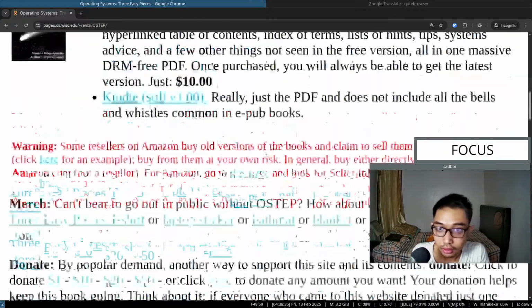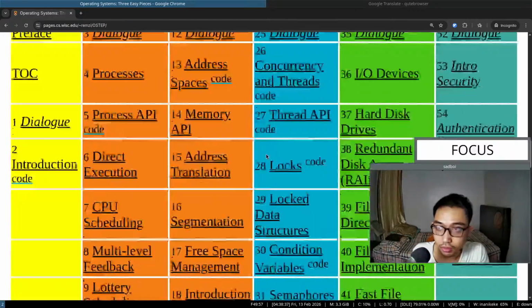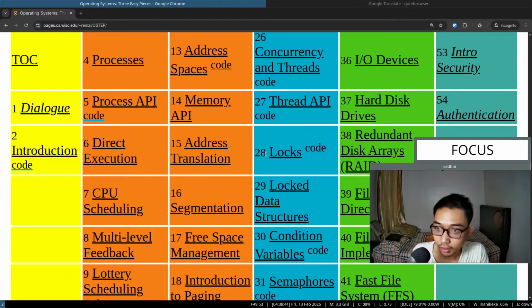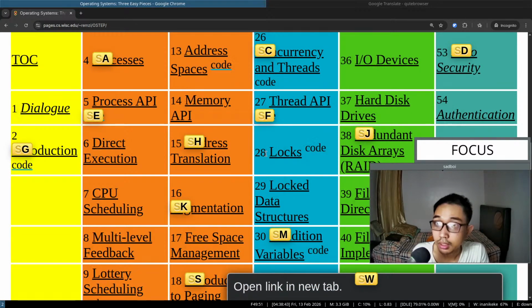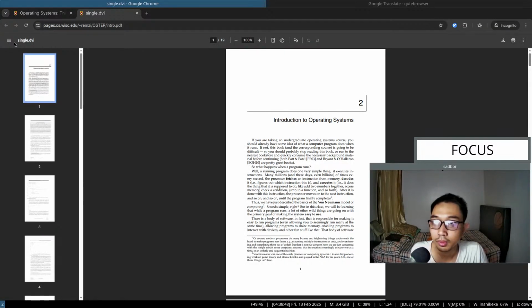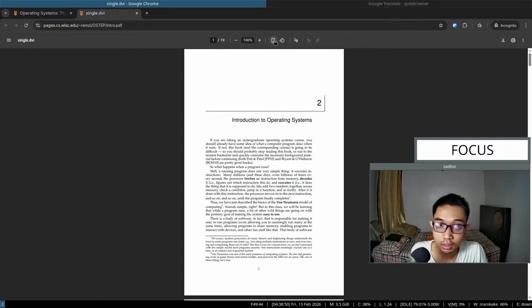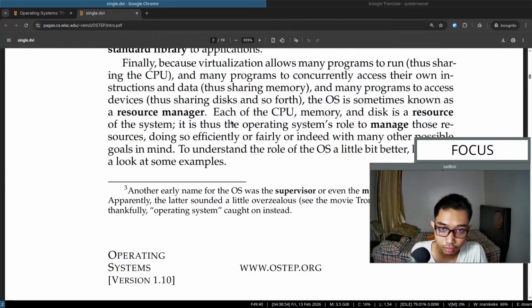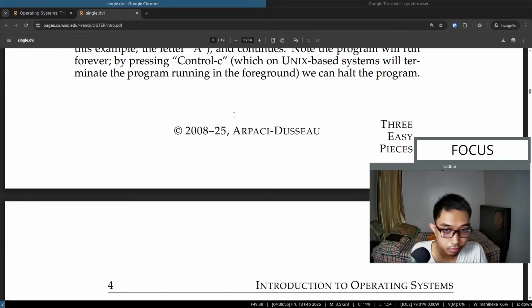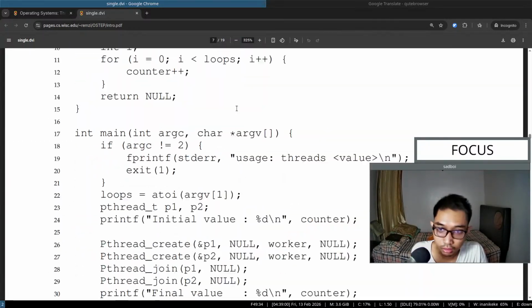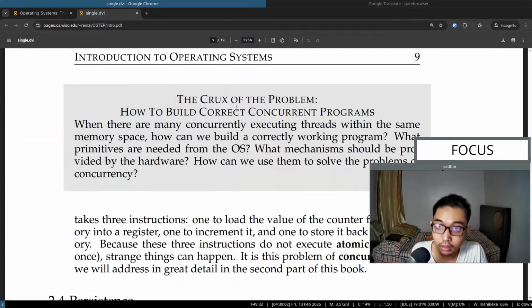Alright, let's continue. Where is it? I think this one. Okay, we are in concurrency.